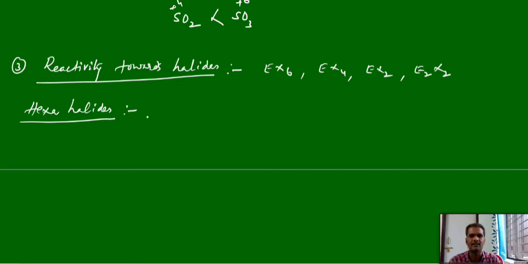In the hexahalides case, among all halides, fluorides are very stable in nature. Among hexahalides, hexafluorides are stable. Why? Because chloride, bromide and iodide are larger in size and cannot be stabilized due to steric crowding.